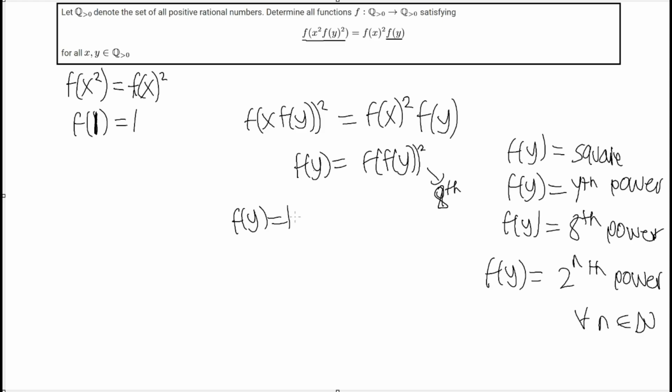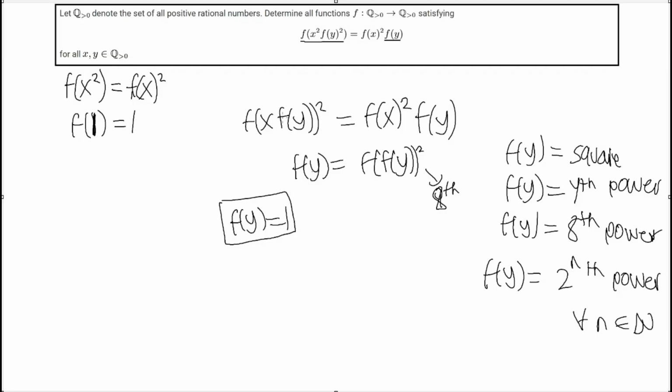But this doesn't work for any other rational number for clear reasons. And this means that f of y equals 1 for all rational numbers y. And we can check that the solution works by plugging into this equation here. We get 1 equals 1 squared times 1, and that is indeed true.